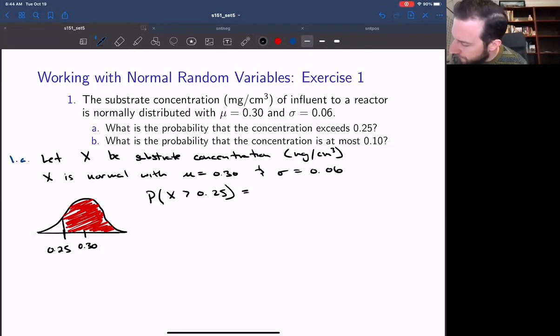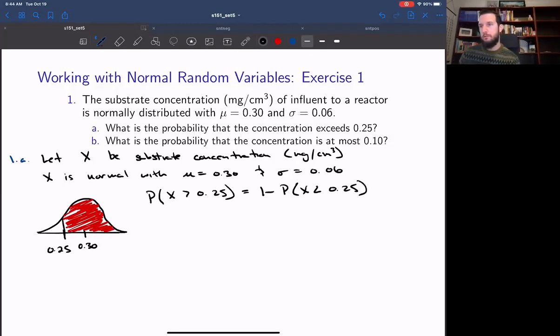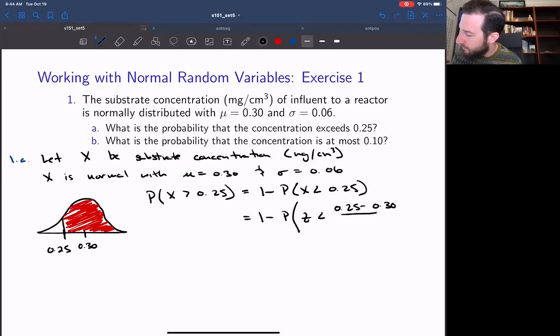So we have the probability that X is greater than 0.25 is 1 minus the probability that X is less than 0.25. This is 1 minus the probability that Z is less than (0.25 minus 0.3) over 0.06.